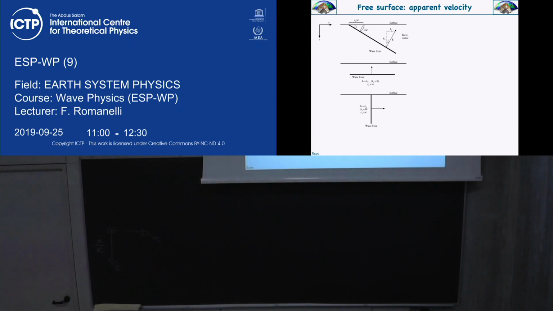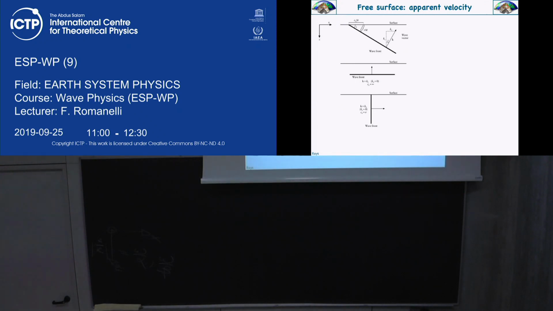Let's give a look. That's k. Okay? That's the real k, whose direction is telling us where the wavefront is going. Its absolute value could be omega over alpha if it is a P wave, or omega over beta if it is an S wave, okay?